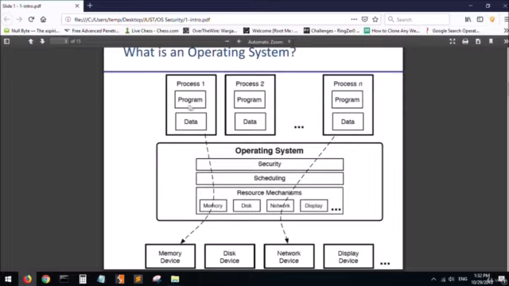If process 1, for example, wants to write into the memory, we have to check first for security, the scheduling, to make sure there is no overlapping between the processes, and the resource mechanism. For our example here, we want to write into the memory, and this is the memory device.